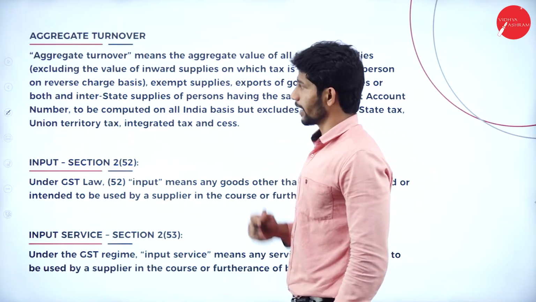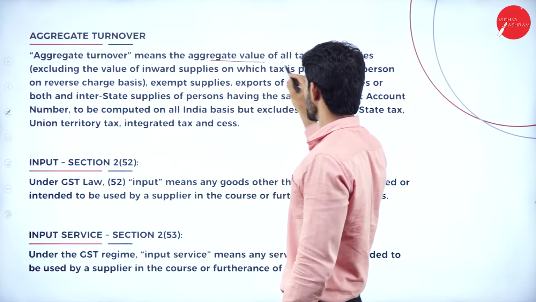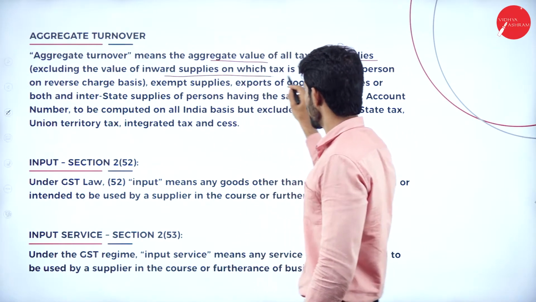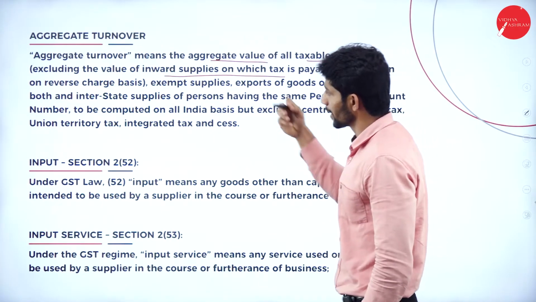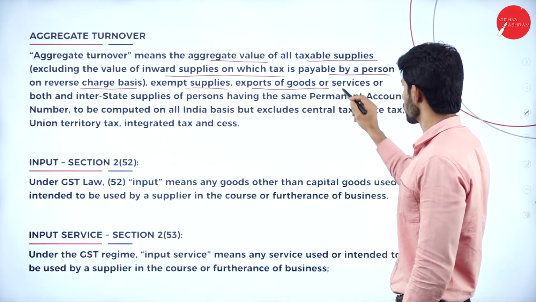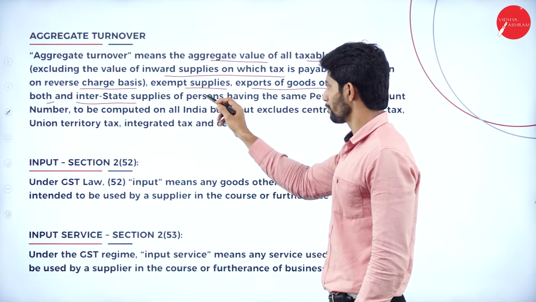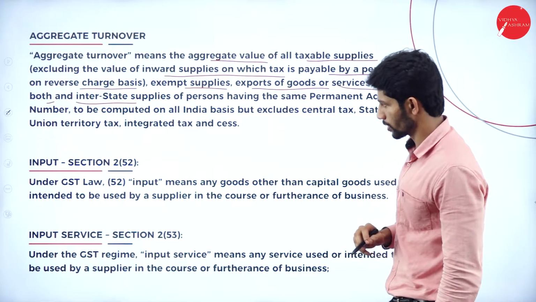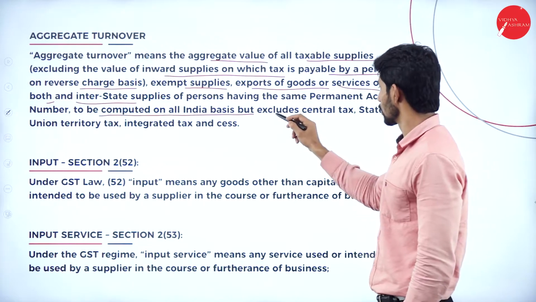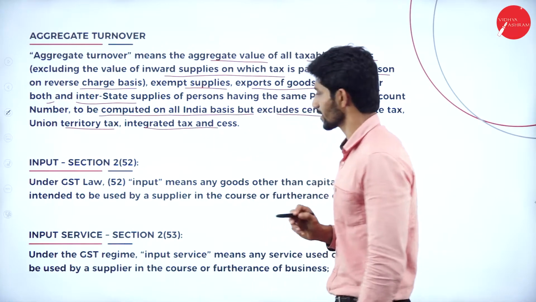Next thing, aggregate turnover. So what is this aggregate turnover? Aggregate turnover means the aggregate value of all taxable supplies excluding the value of inward supply on which tax is payable by a person on reverse charge basis, exempted supplies, exports of goods or services or both, and interstate supplies of a person having the same permanent account number, to be computed on an all India basis but excludes central tax, state tax, union territory tax, integrated tax and cess.